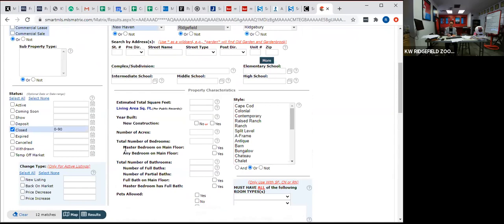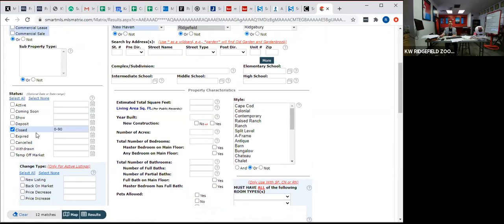So 12 properties sold under $400,000 in that town in the last 90 days. That represents 3 months, so to get a per month number, we divide by 3. 12 divided by 3 equals 4. The absorption rate is 4.